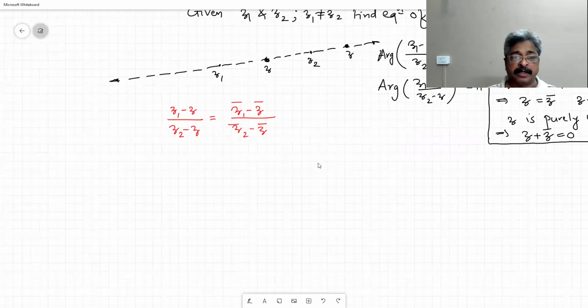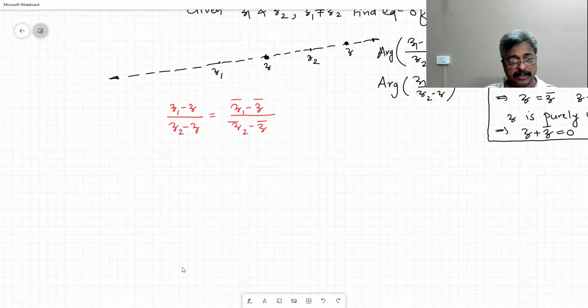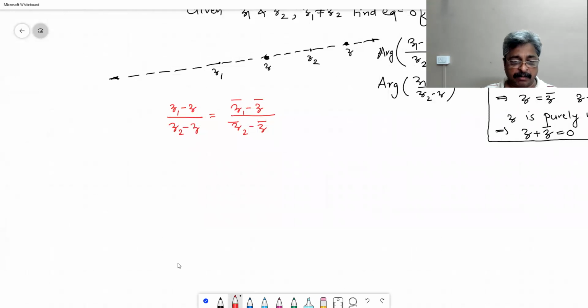Now let me tell you the form in which it would look. We will be looking for the equation: a complex number times z bar plus the same complex number's conjugate times z plus a constant real number is equal to 0.